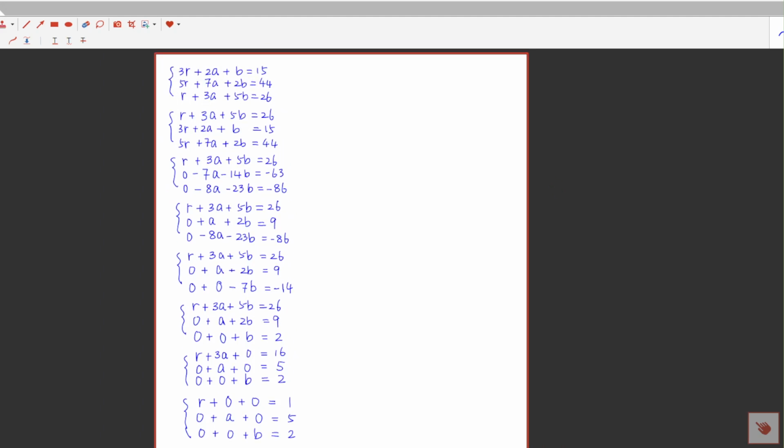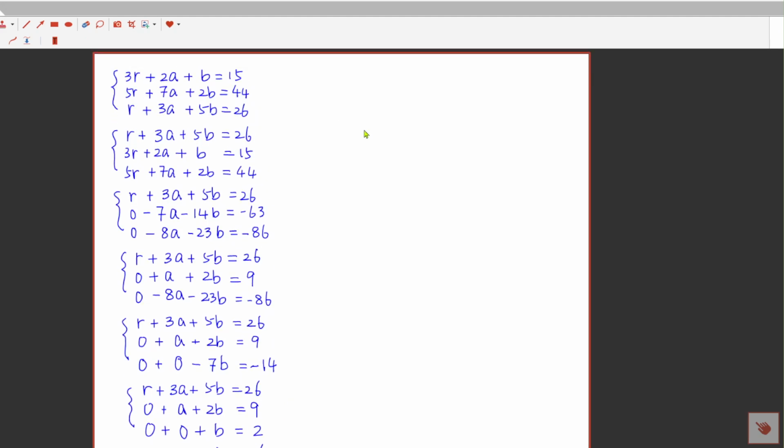And actually, for these transformations, what we are interested in most are the coefficients, right? So as you can see here, the order of r, a, and b does not change. For each of the equations here, the first one is always r, second one is always a, third one is always b, right? All we care about is the coefficients.